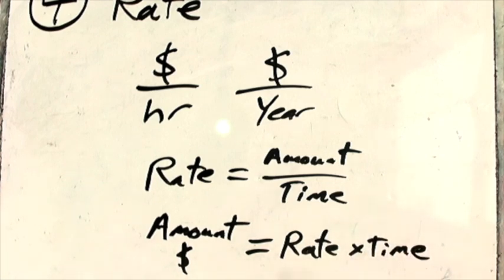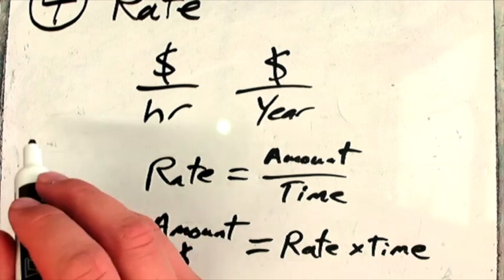So the rate times the time here equals the amount. Now using this frame, this is what I want to make sure that we're clear on for this particular example of a question. So we've got different ways to write this same equation here, and we need to figure out which ones we need for any given amount of information.